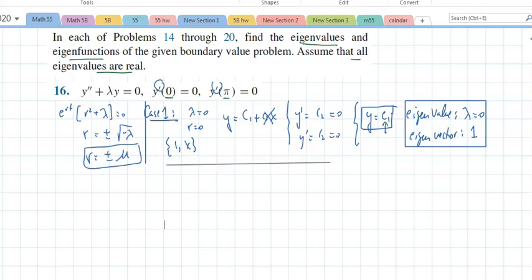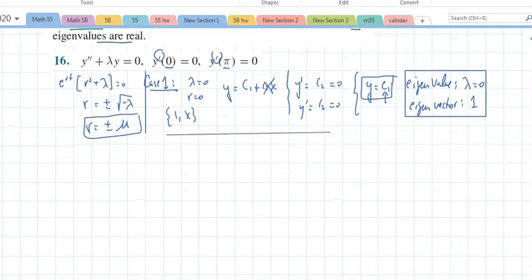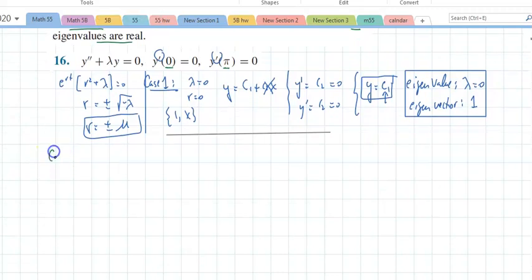Okay, let's go for the second case. Case 2. What if lambda was, and let's go for positive or negative, let's go for negative. If lambda is negative, that indicates that r is positive, right? Because it's going to be simply mu. You could leave it as radical lambda, but they like mu because of the eigenvalues and eigenvectors.